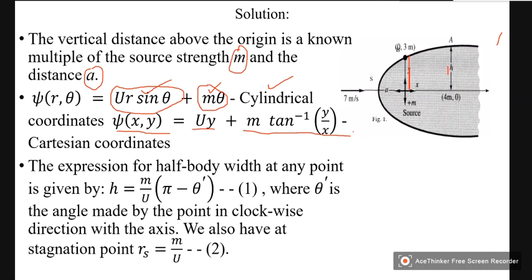Now you recall the expression for half body width at any point. This is the expression which we have derived. You can refer back to your notes, where h is the half body width at any point.